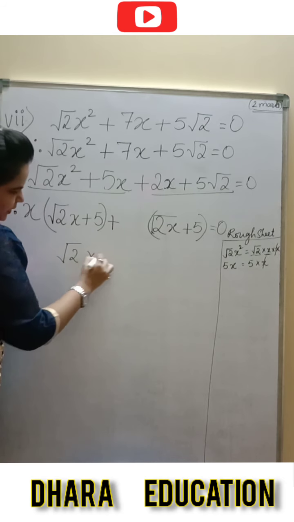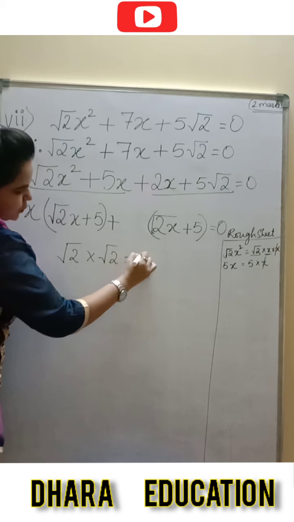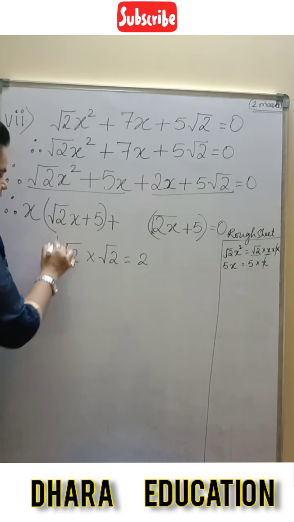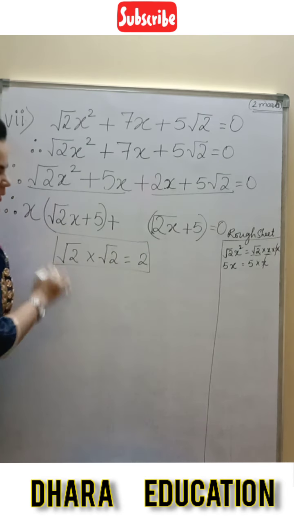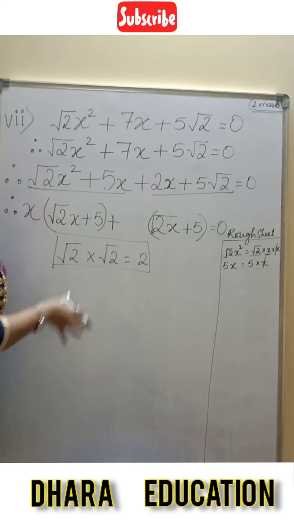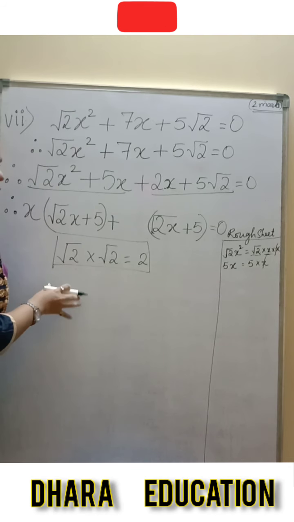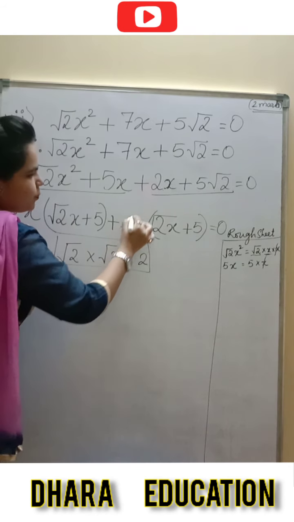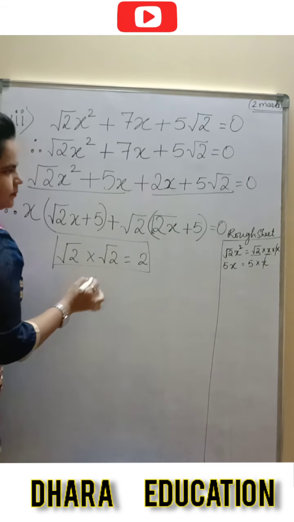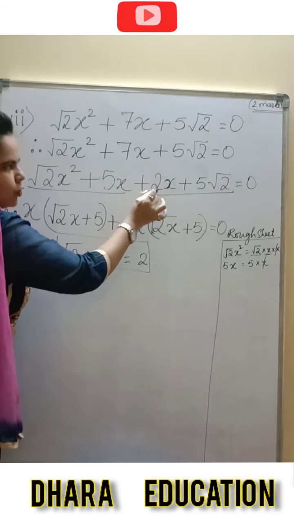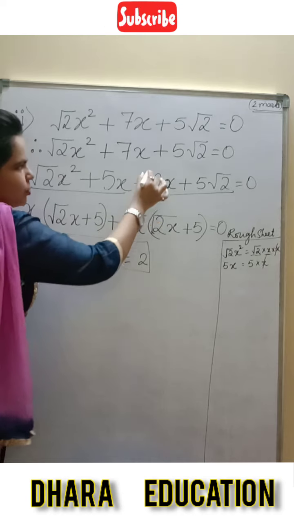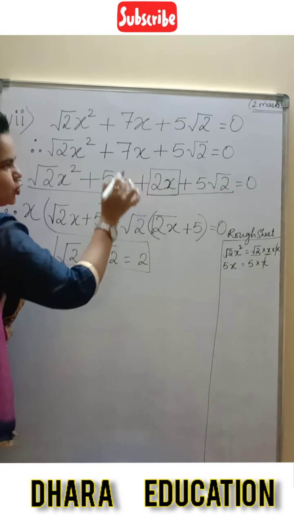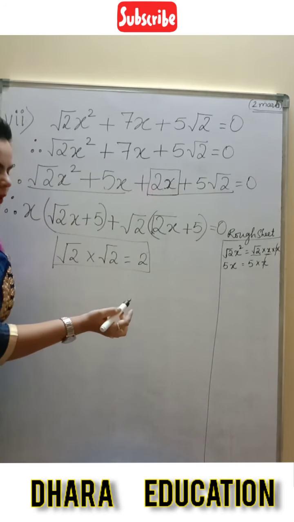root 2 multiplied by root 2 gives you 2. Correct? This you need to understand. In the very first sum, I have told this thing. So if I put root 2 over here, this condition will be fulfilled. I am talking about only this particular condition, that is 2x. How 2x?